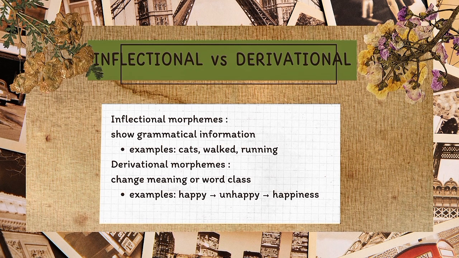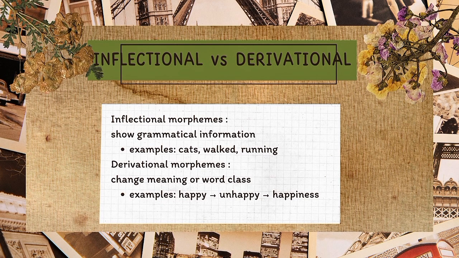Inflectional versus derivational. Bound morphemes can be divided into two types. The first type is inflectional morphemes. Inflectional morphemes are used to give grammatical information and they do not change the basic meaning or the word class.